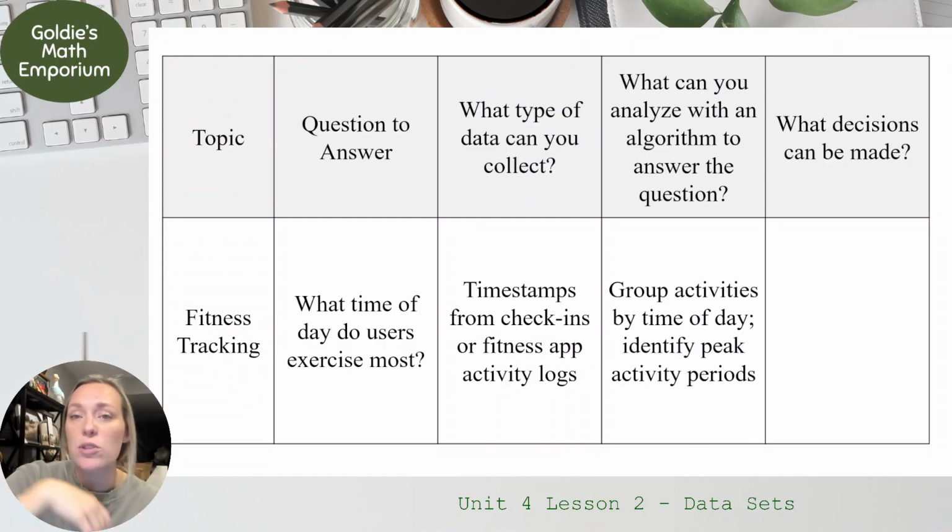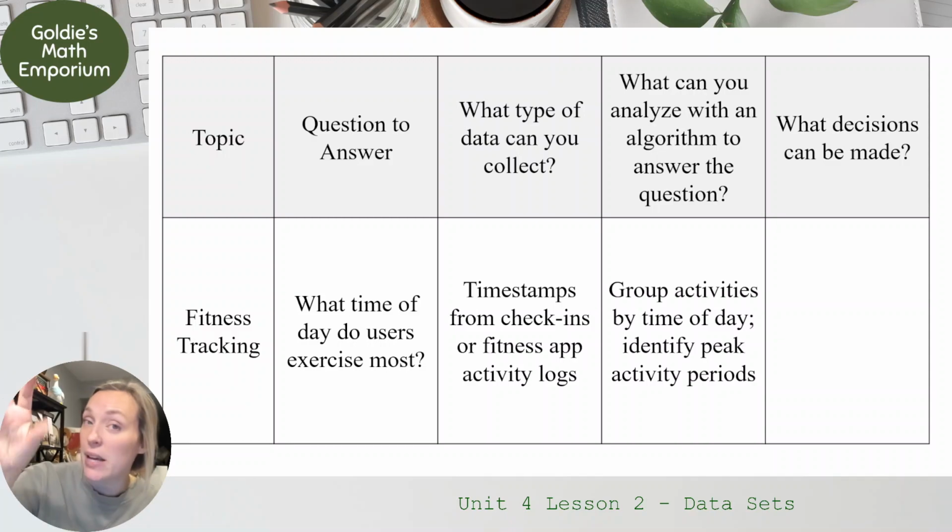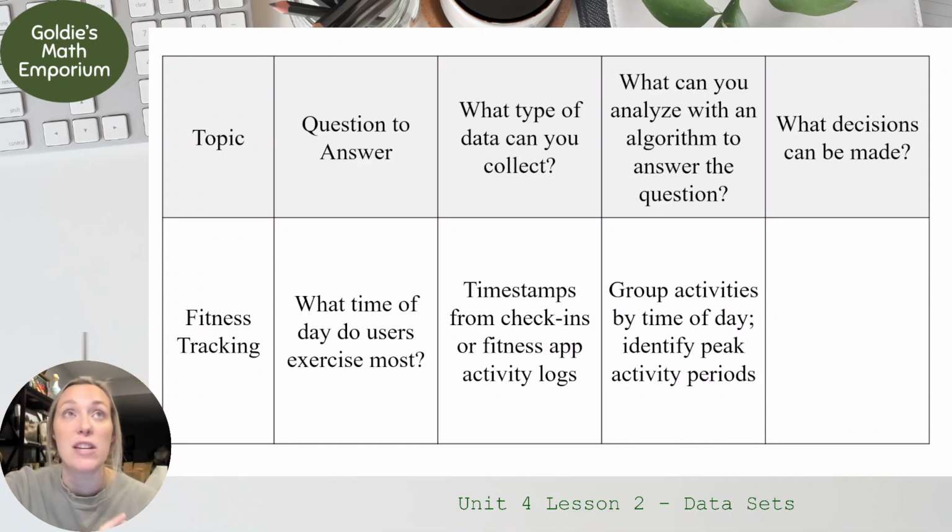We can check those. What can we analyze? We can analyze group activities by the time of day. Are there more group activities going on maybe at a gym at that time of day, what are peak activity periods, right? We can look for mins and things. When you think of algorithms, you can think of mins and maxes, modes, the most occurring.